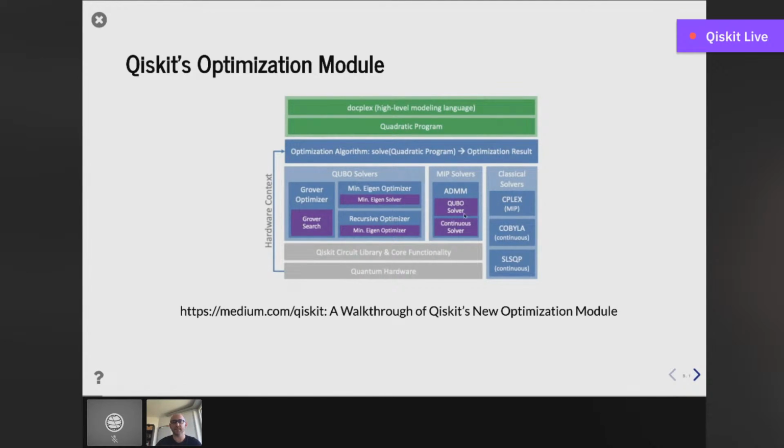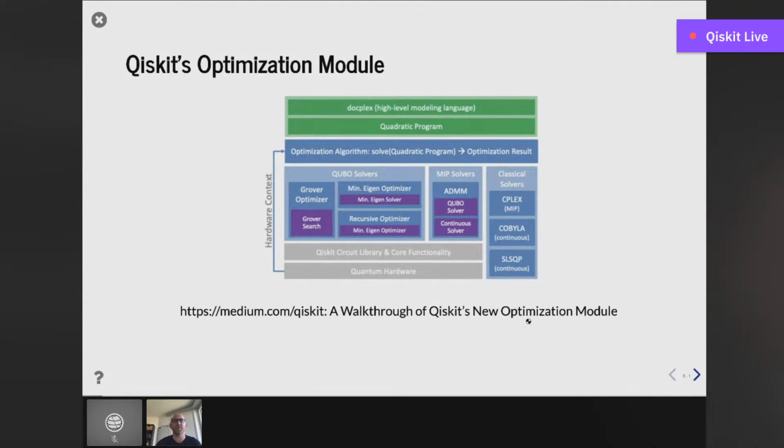And the quantum algorithms sit on top of Qiskit circuit library, and they leverage the functionality that we have here, as we will see in a bit. And then you can use Qiskit to run these circuits on the real quantum hardware. A more detailed description of the optimization module can be found, for example, on the Medium Qiskit channel. And if you look for this walkthrough of Qiskit's new optimization module, you find the details.